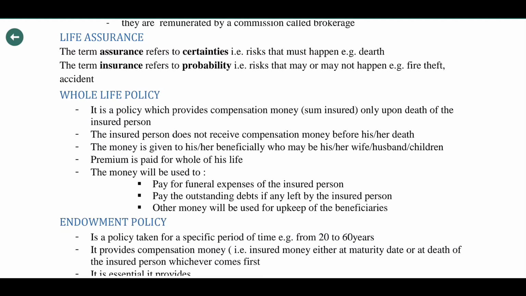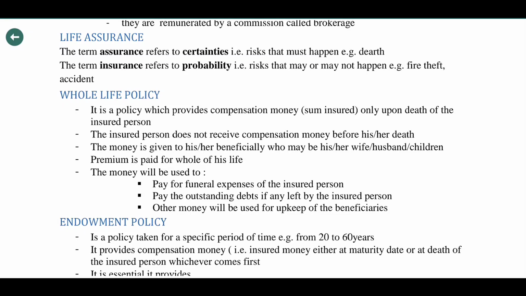Now, when it comes to life assurance, we have what is known as the whole life policy. The whole life policy is a policy which provides compensation of money, or sum insured, only upon the death of the insured person.